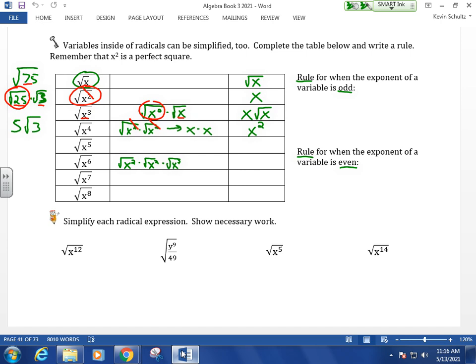Because 3 x squareds are going to combine to make x to the sixth. And because we're taking the root of x squared, we're able to cancel out our root and power there, cancel it out here, cancel it out here, and what are we left with? X times x times x, or x cubed.